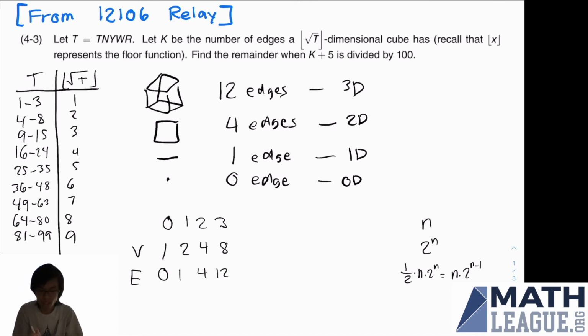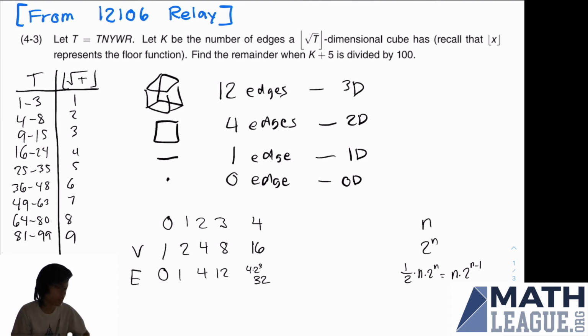All right, so a 4D cube, a tesseract, is going to have 16 vertices and 4 times 2 cubed, which is going to be 32 edges. And you can plug in the value of n to get the edges.